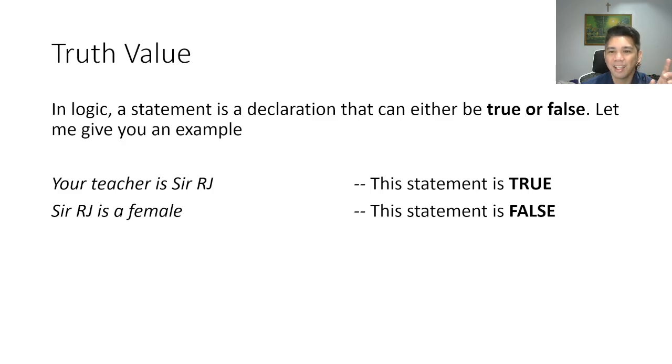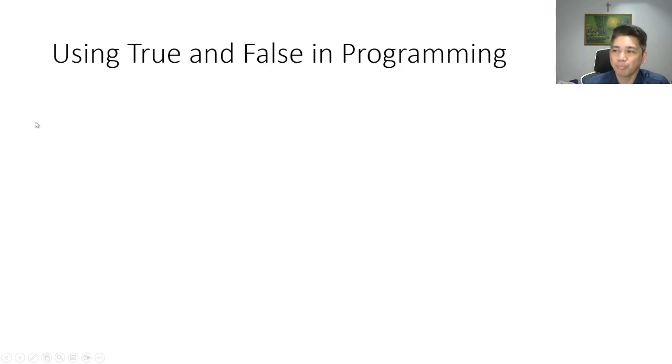Anyway, I think you will learn more on that in your English subject. But since we are talking about programming, I just tried to use English statements so that you will have an easier time understanding a truth value of a statement.